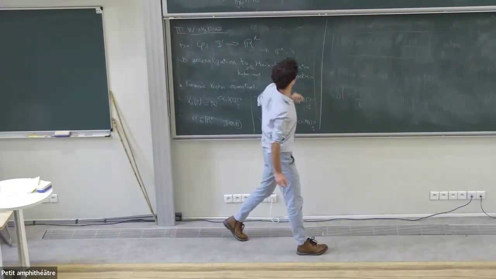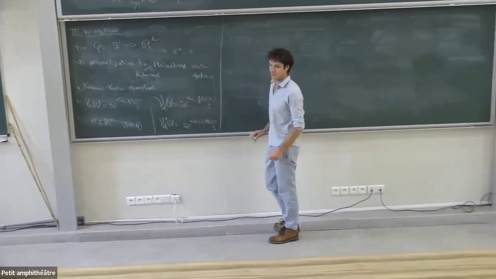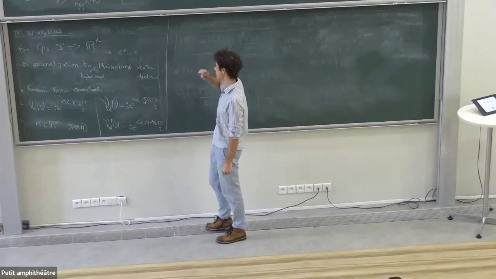So the effect of these bosonic vertex operators is the same as Girsanov for probabilists.